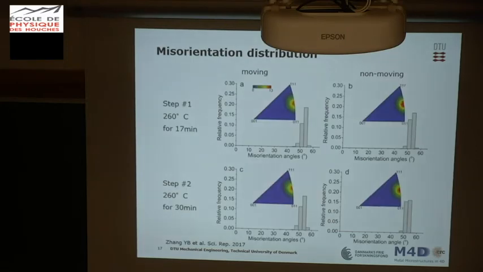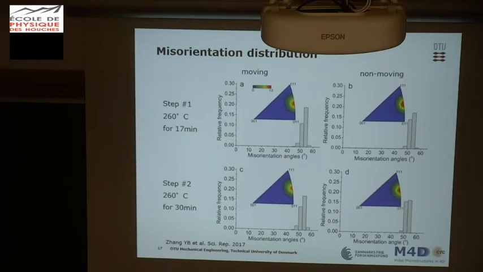We can also quantify the misorientation for the moving and non-moving boundaries. Surprisingly, for both annealing steps, the moving ones and non-moving ones are very similar in misorientation: the rotation axis, also the misorientation angles, also between different steps.